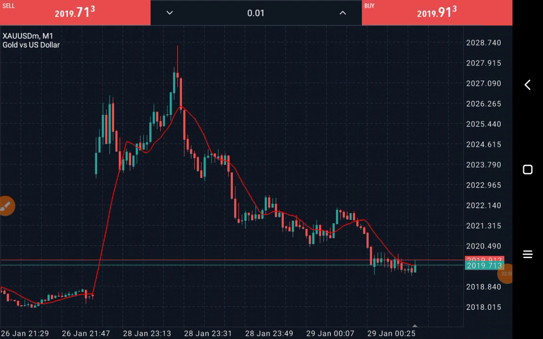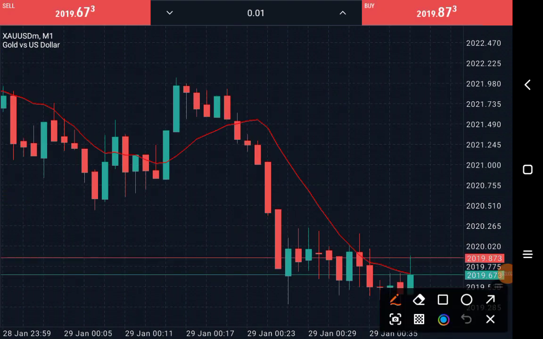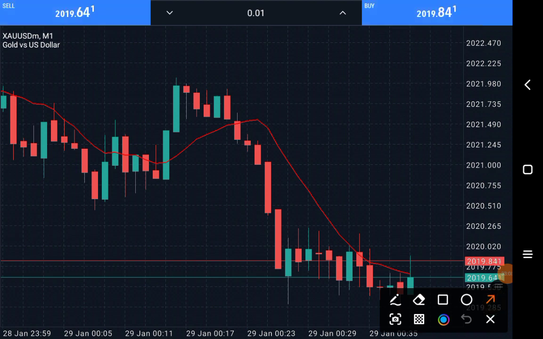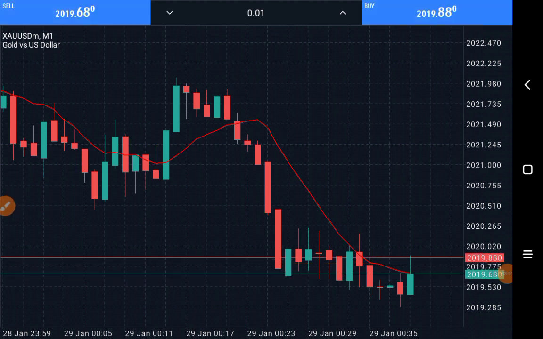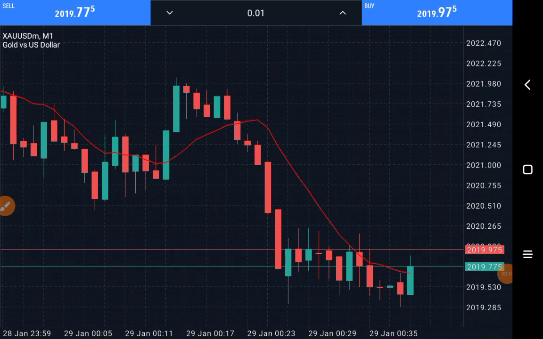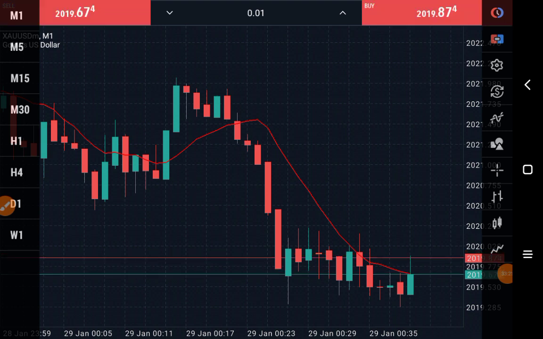So for instance, this very candle that is printing now, immediately this 1 minute finishes, the next one will start printing, and it will print for exactly 1 minute. So that is how you add moving average.